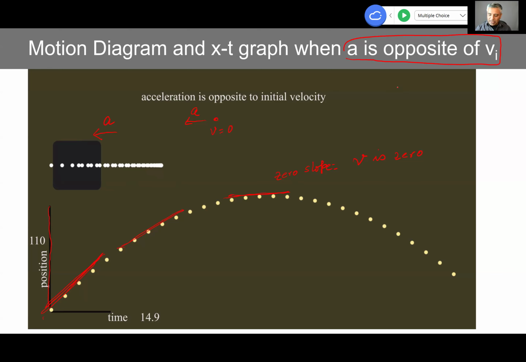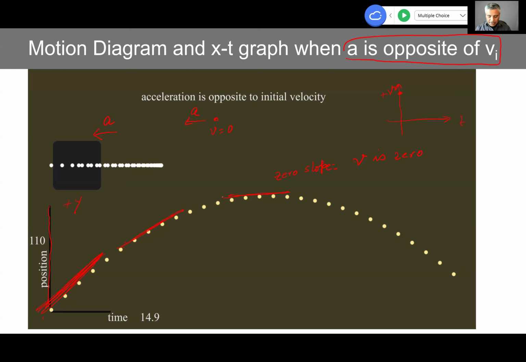And if I were to make a velocity versus time graph, how is it going to look? Let's think about it. It starts with the highest velocity. If we say up is positive, then it starts with the maximum positive value of velocity.